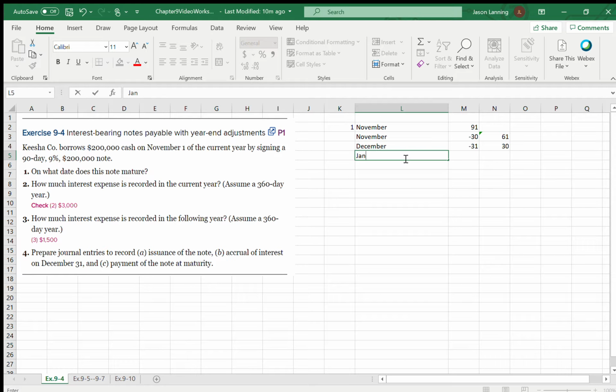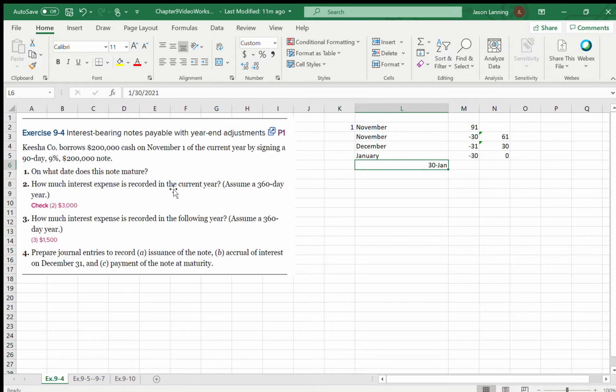So January, if we do 30 days out of January, that means we're looking at 0, which means this note matures on January 30th. So for number 1, January 30th is our answer. And we'll just put that there.